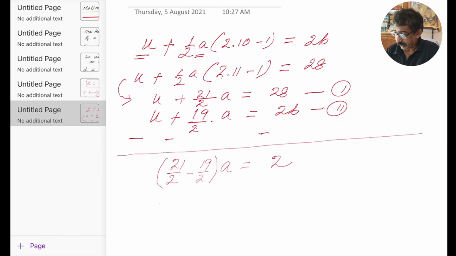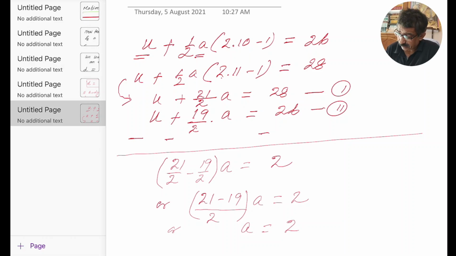So 21 minus 19 by 2 into a is equal to 2, or 2 by 2 is equal to a, or directly a is equal to 2.